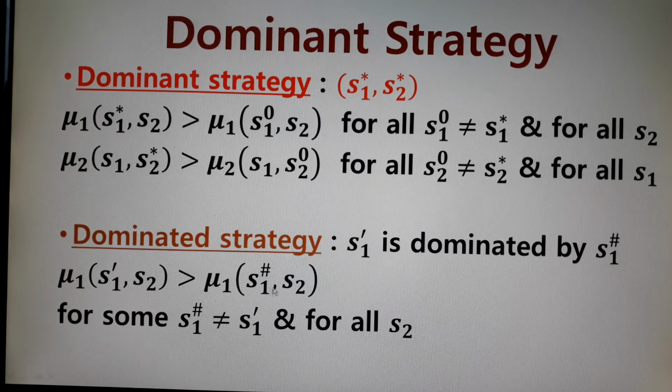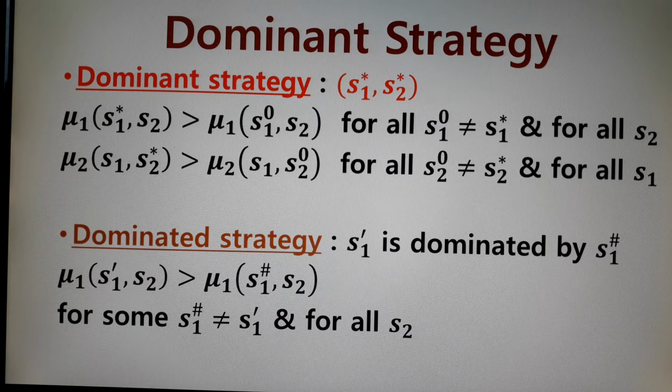For a dominated strategy, if just one strategy S1 prime beats S1 sharp, S1 sharp is already dominated. It doesn't have to worry about other things. If one person dominates you, that's it. The reason, as I said, is that we are in the business of choosing the best strategy. It's like who's the strongest guy in your class when you're fighting each other.